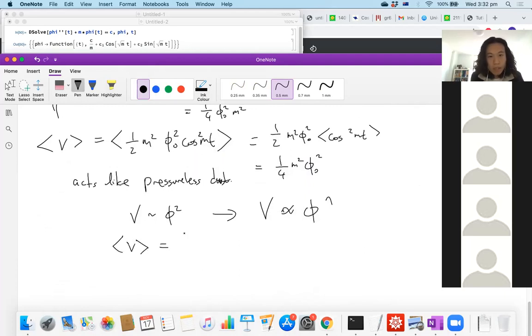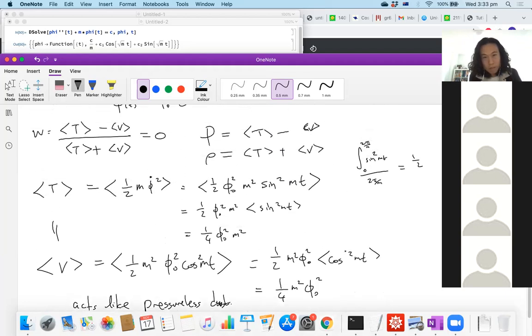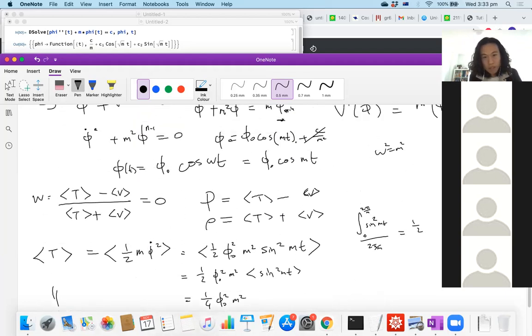So V would be half m squared phi squared. So then it will be half m squared phi naught squared cos squared mt, plus the cross terms between, where was it again? Between the c and the stuff.